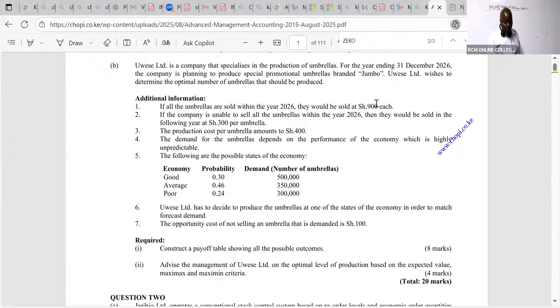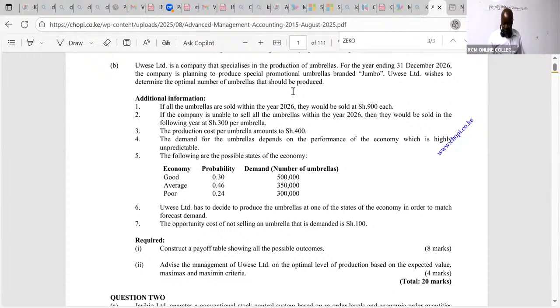So we are told Yu Limited is a company that specializes in the production of umbrellas for the year ended 31st December 2026. The company is planning to produce special promotional umbrellas branded Jumbo. Yu Limited wishes to determine the optimal number of umbrellas that should be produced.